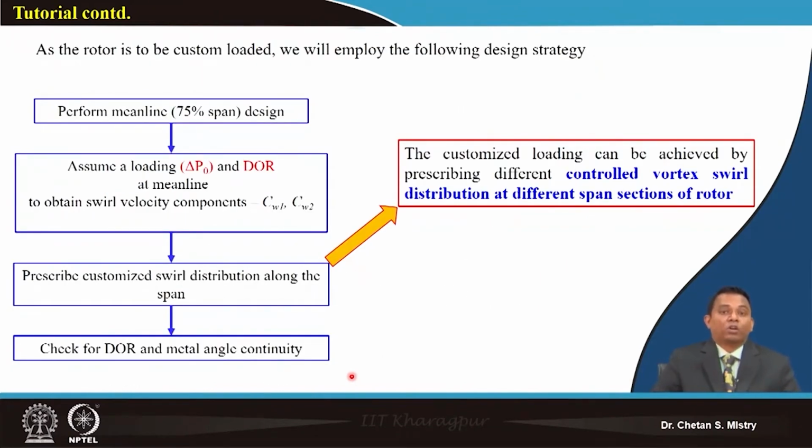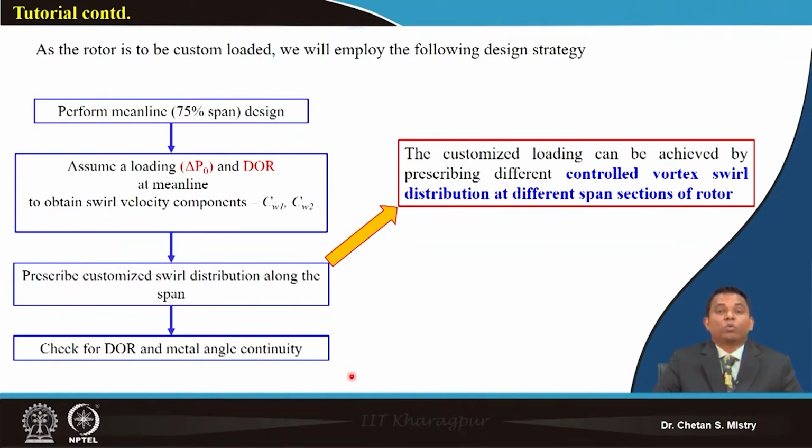Now a very important discussion is coming here. What is our case? We want to do our design based on a control vortex kind of configuration. It has been asked that we need to lower the loading of the rotor at the hub region and near the tip region.